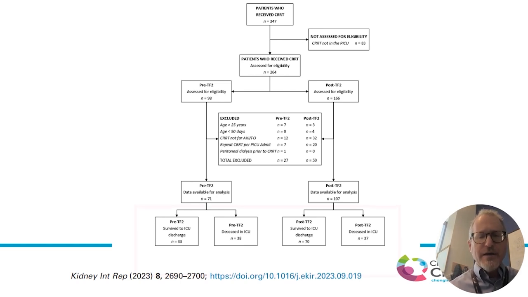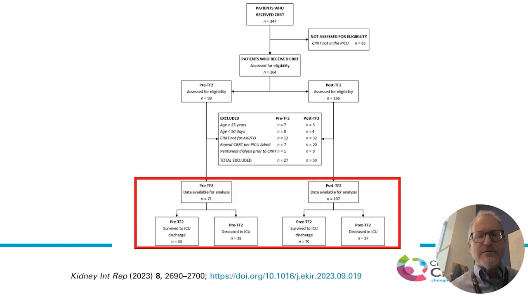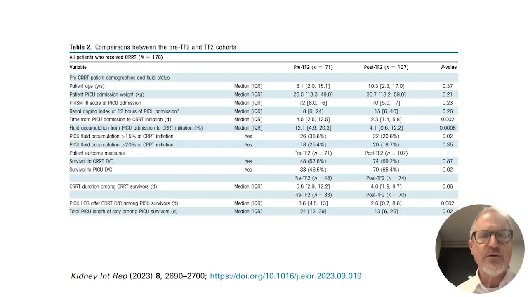And here's the Taking FOCUS 2 pathway. In the pre-Taking FOCUS 2 era, we had 71 patients who received CRT, and in the post-Taking FOCUS 2 era, we had 107 patients who received CRT. The number of CRT patients per year was the same between these 2 eras. So what did we find?